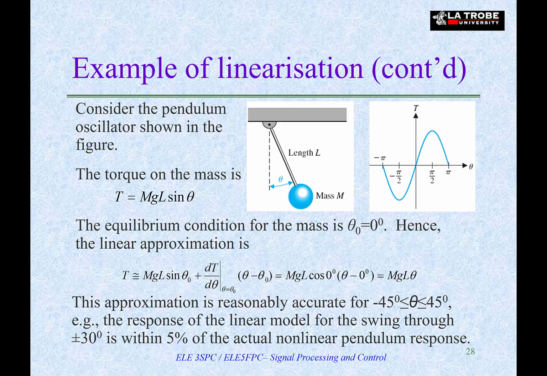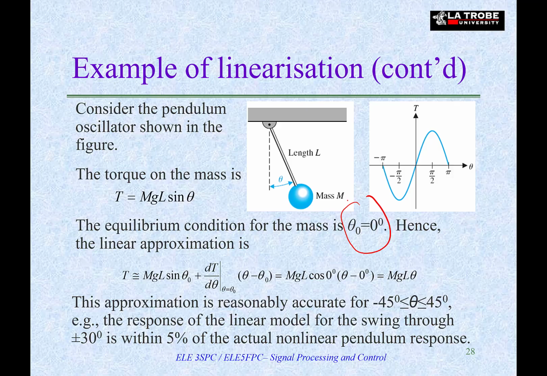And the operating point for this example is obviously the equilibrium point, which is when the pendulum stays stationary. That is, the swing angle theta is 0 degree. Next, we need to assume a small signal condition. That is, we need to assume that the pendulum swings in a small range.